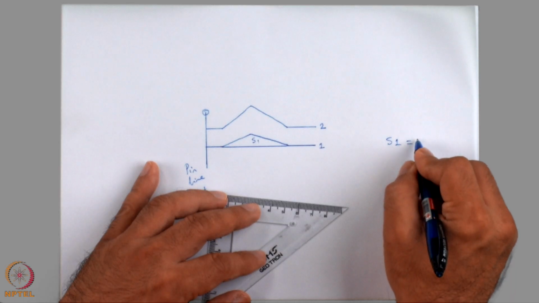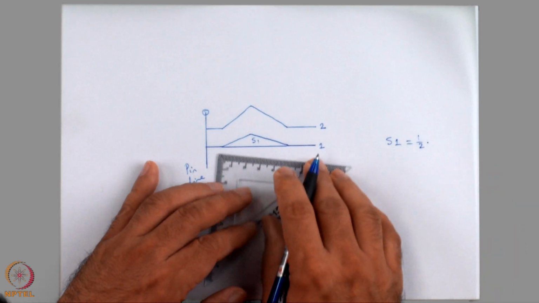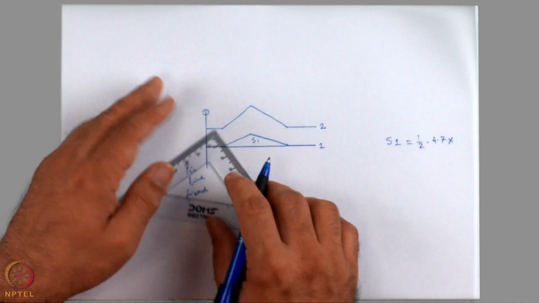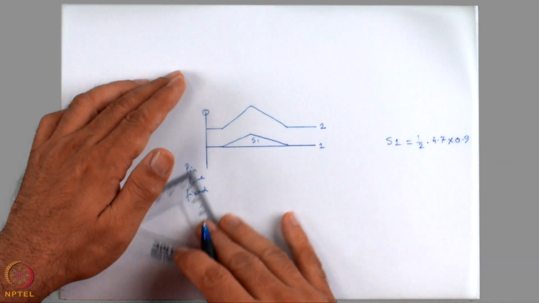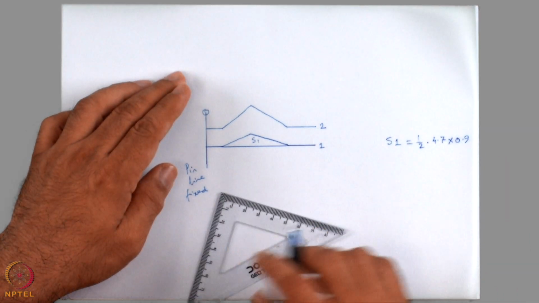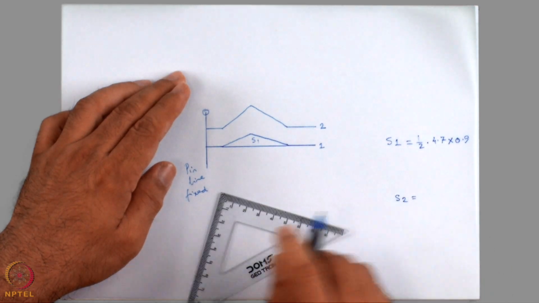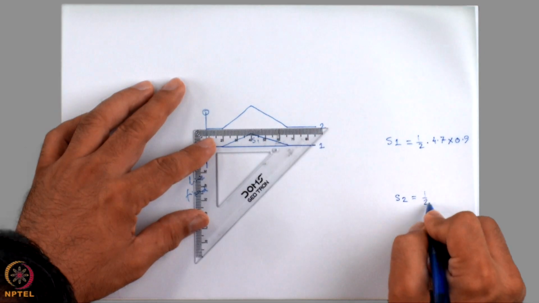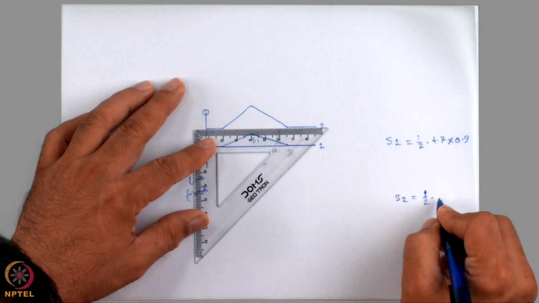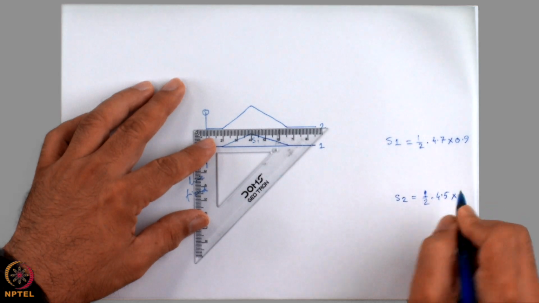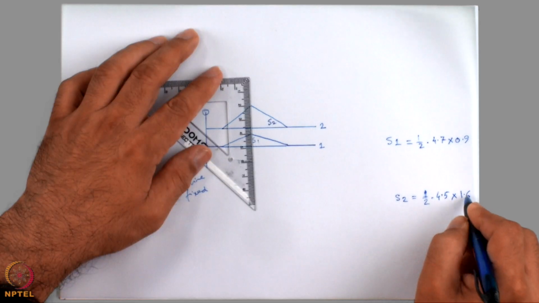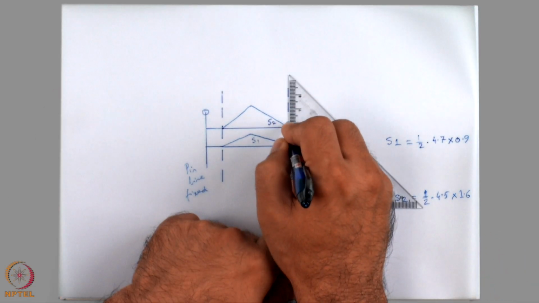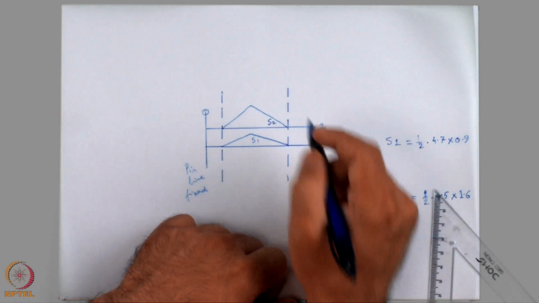It is equal to half multiplied by 4.7 multiplied by 0.9 centimeter square. Let us find out the S2 area now. The S2 area is given by half multiplied by 4.5 multiplied by 1.6 centimeter square. Here I have drawn the loose line.